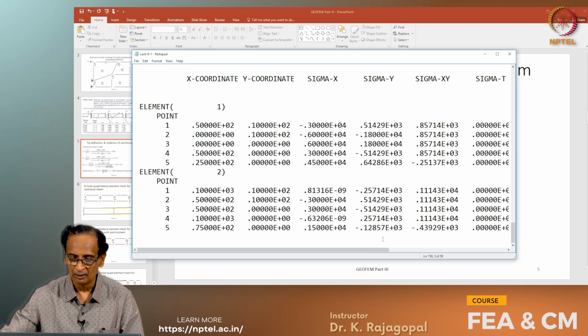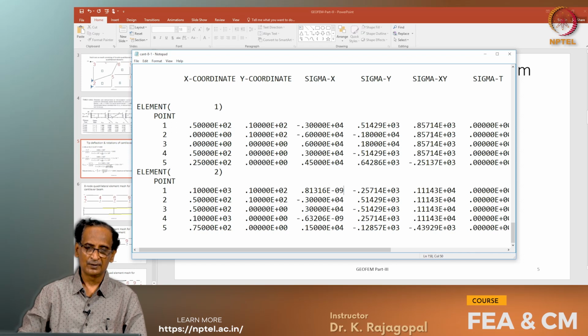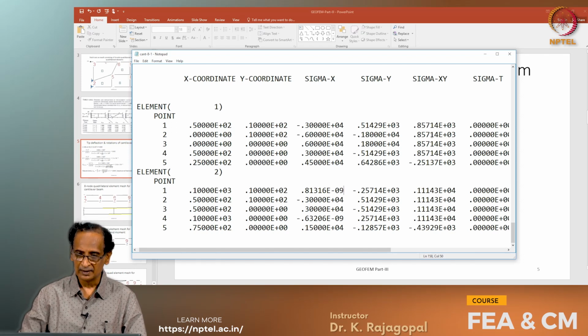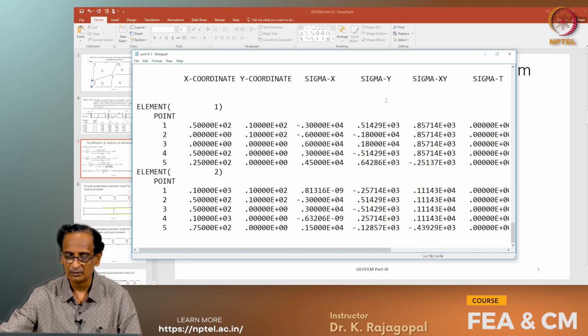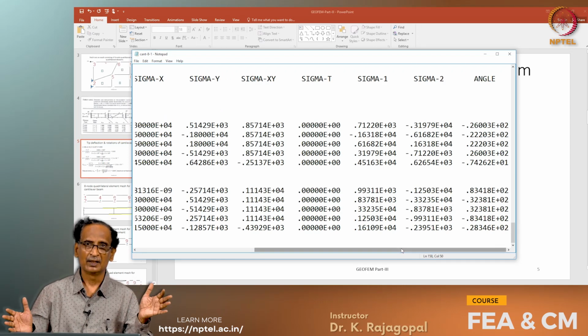And then although we did not apply any stress in the y direction, there will be some sigma y. There is a formula for that, and if you check, these values are not bad. Then sigma xy, we applied a shear stress of 100, but we are not able to predict that shear stress well, maybe because we have used only 2 elements.